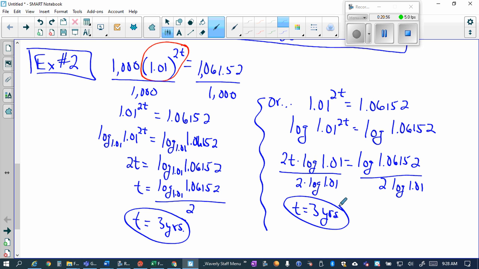So I'm not even going to teach you the change of base formula, okay? All right. Do that second way. Don't worry about it. Let's go then to example 3. That's change of base. We're going to skip example 3. All right, so let's go to example 4.